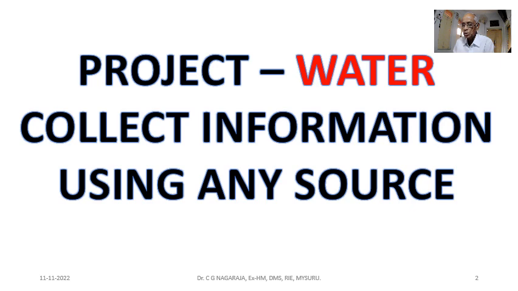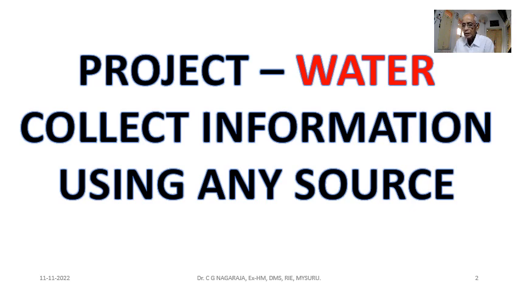I will try to give you a kind of diagram where certain topics will be given for which you may have to collect information. You can collect information using any source you like. When I say any source, it may be your teacher, your textbook, the newspaper if you are reading newspaper, or some person in your area who knows many things about water.